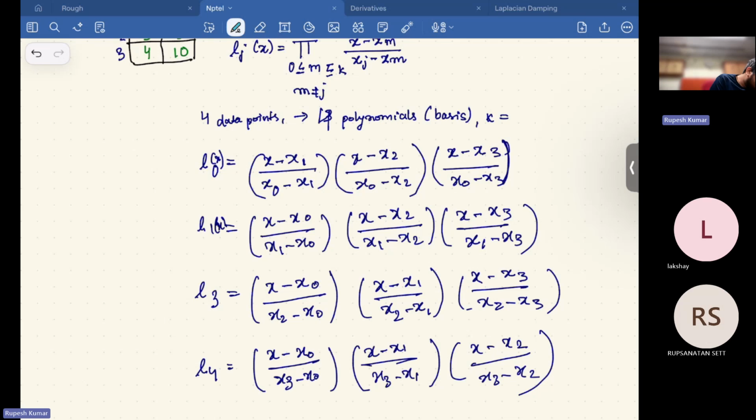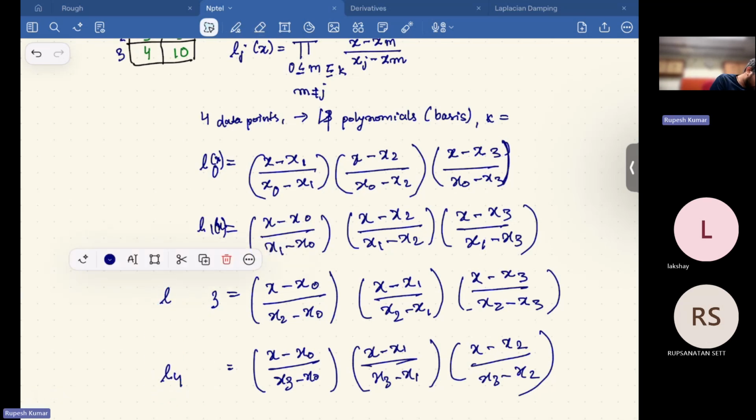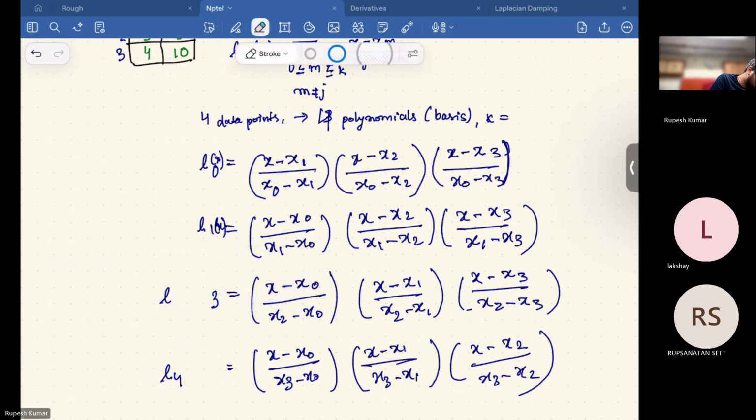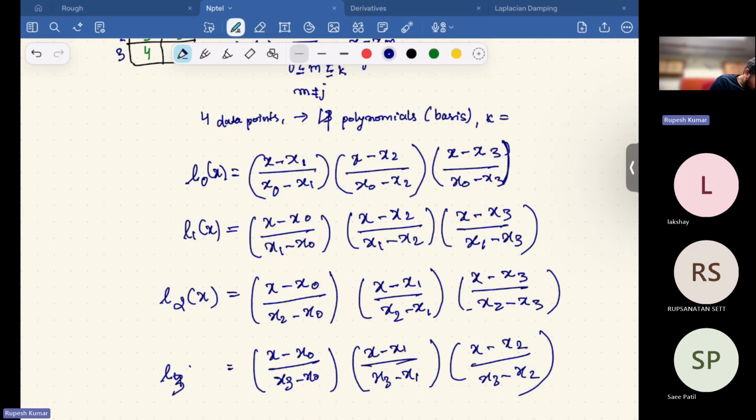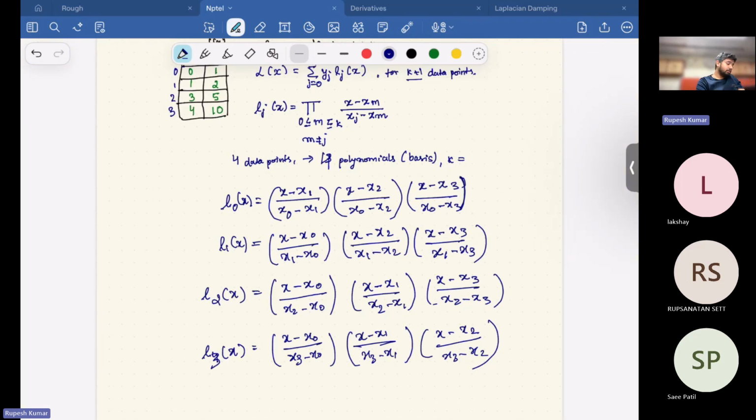The second polynomial is L1 of x, and L2 of x is this polynomial, and L3 of x is this polynomial. So we have these four polynomial bases that we construct here.